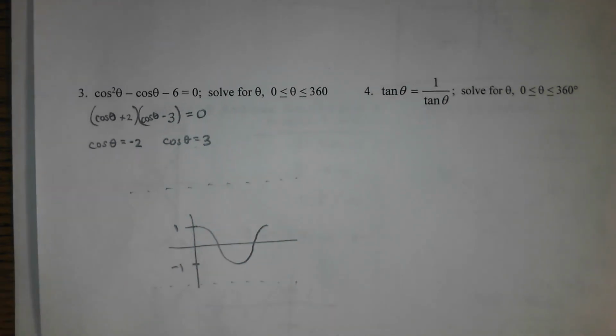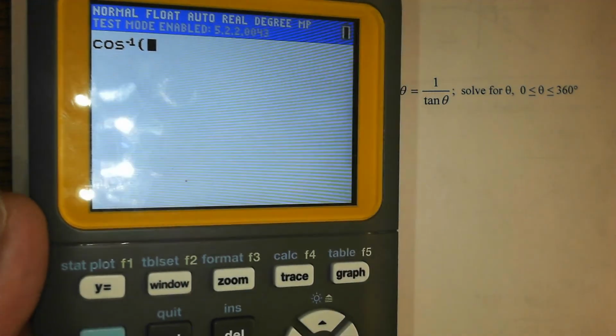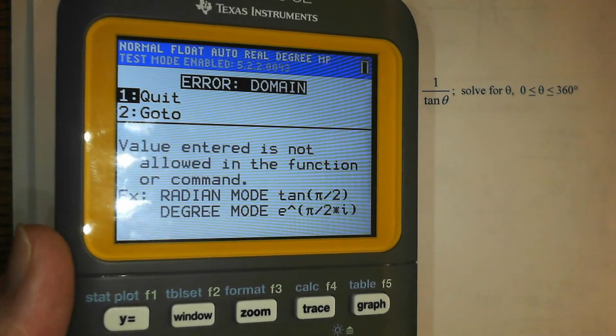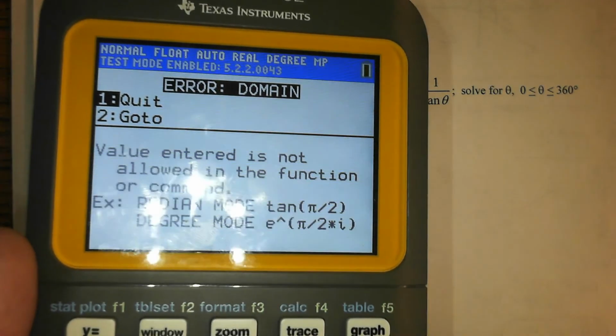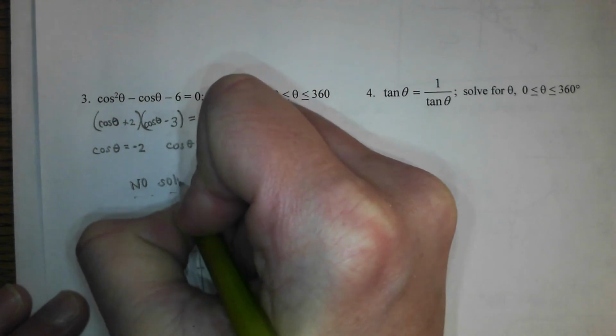Number one, you wouldn't be able to find a place on that unit circle where the x-coordinate is 2 or 3. So you'd have trouble using that chart anyway. If you went to your calculator and did inverse cosine of -2, you're going to get an error because it can't be done. There is no answer. So this one has no solutions.